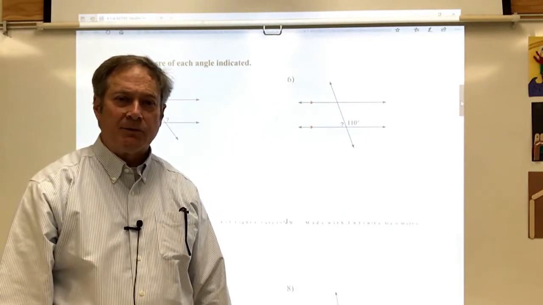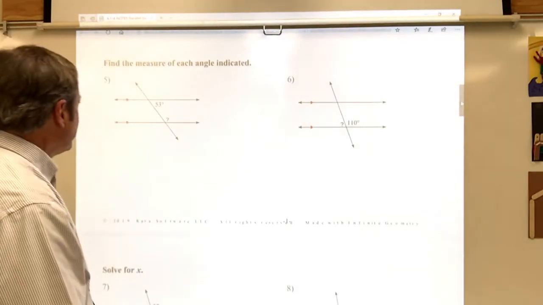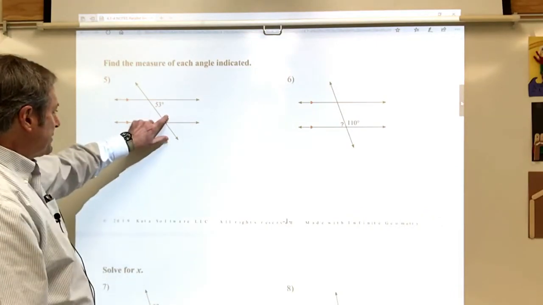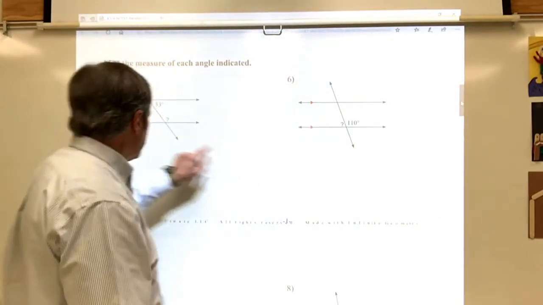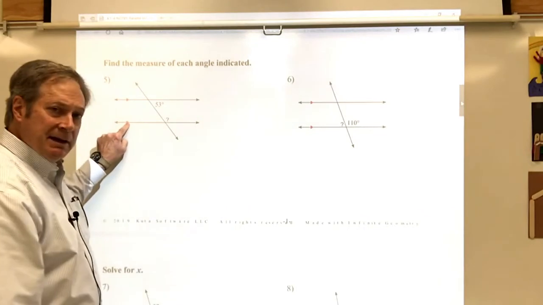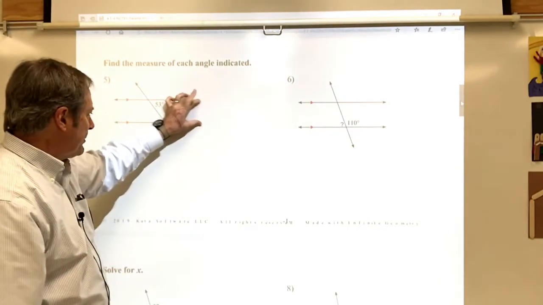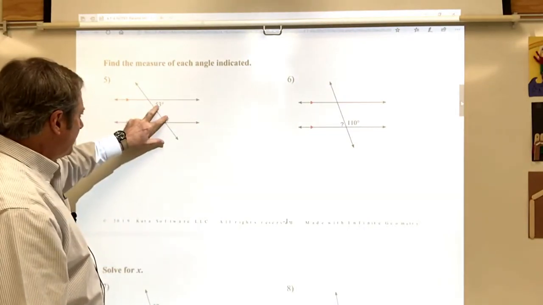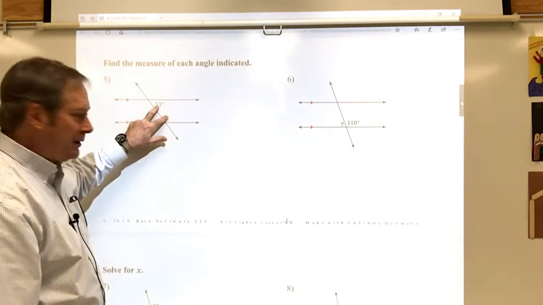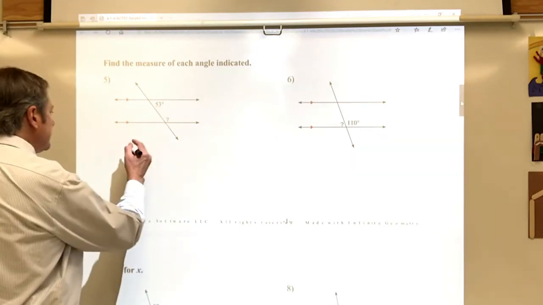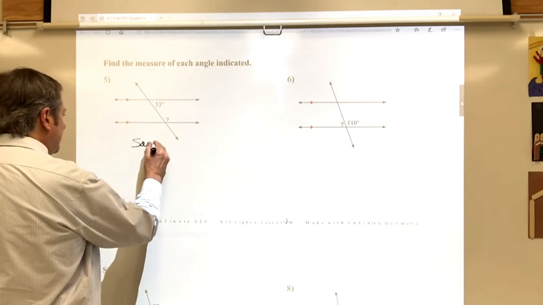All right, for examples 5 and 6, we're trying to find the measure of this angle and that angle. Notice the little red arrows. That's proof that the lines are parallel. Now these two are in what we would call same side interior. So go ahead and write that down because this is your note.